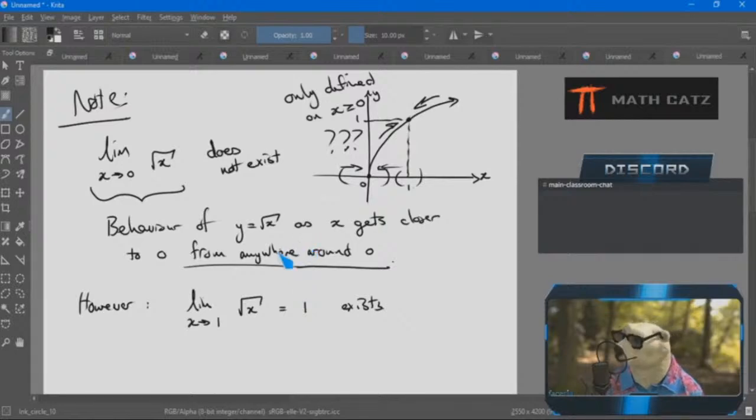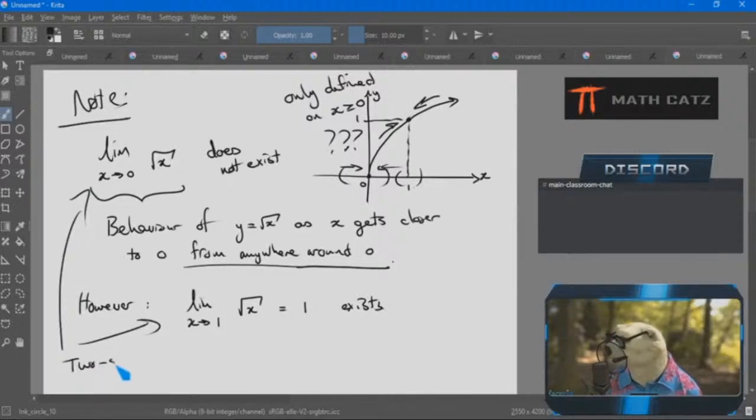And because of this reason, they very quickly realized that, okay, this original limit question is a two-sided limit. It's a behavior from either side. But that's not always an appropriate question to ask.